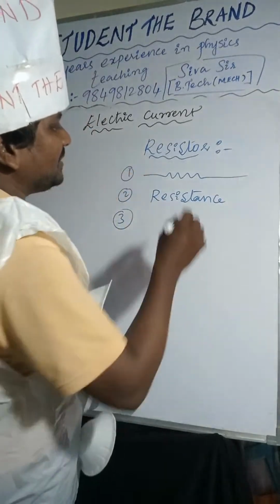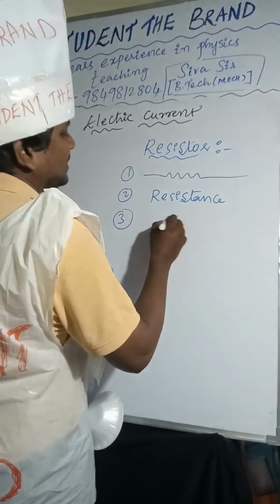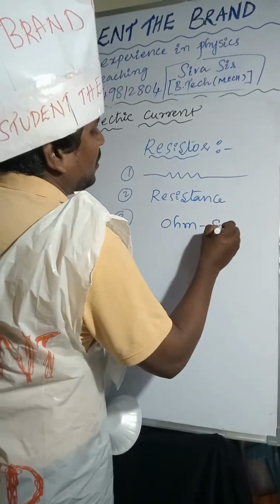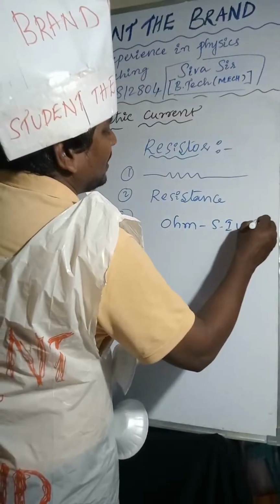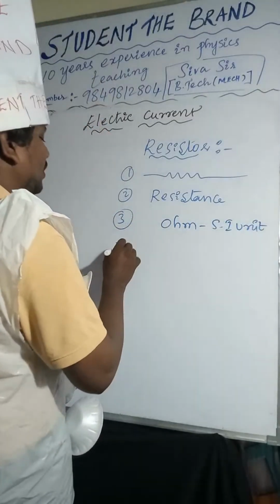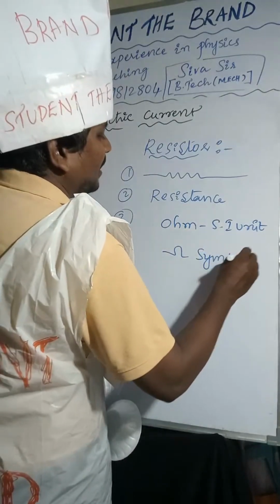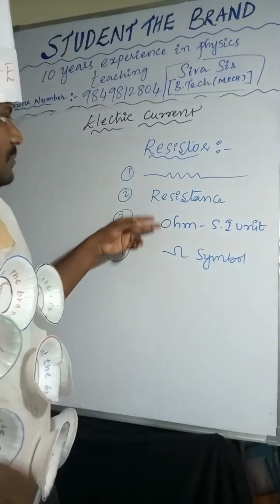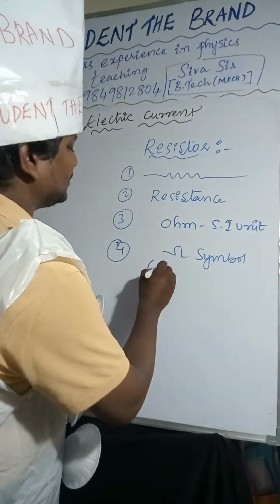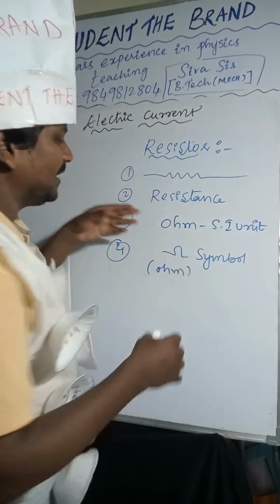Resistor is a device, resistance is the phenomenon. The SI unit of resistance is ohm. This is the symbol of ohm, the SI unit of resistance.